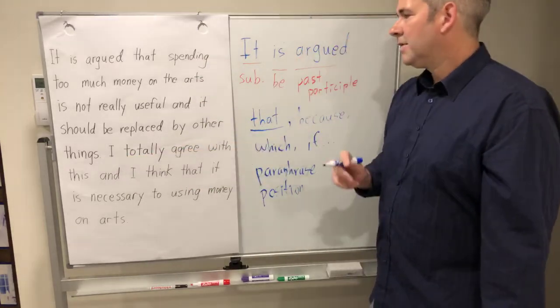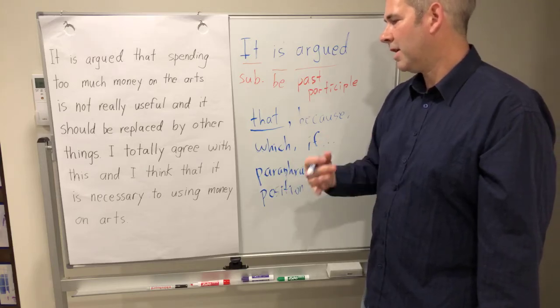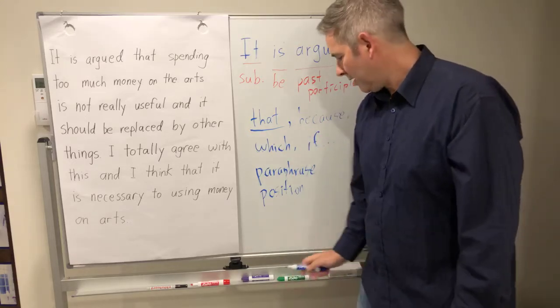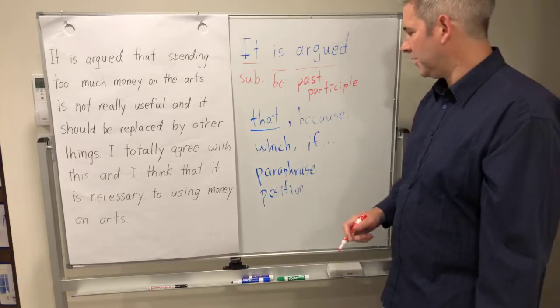Now, the student here says, I totally agree with this, and that I think it is necessary to using money on the arts. Now, unfortunately, this is probably the first mistake which the student has made.